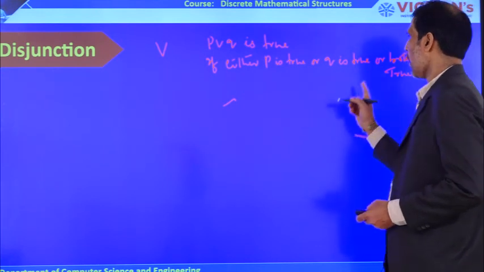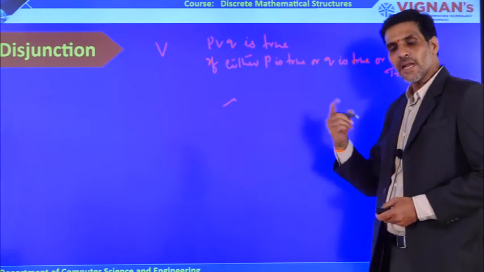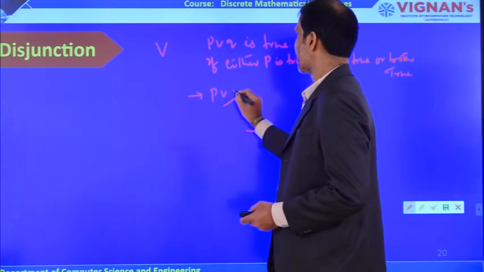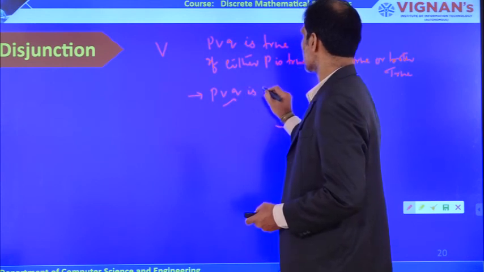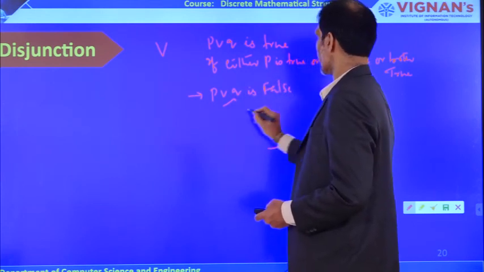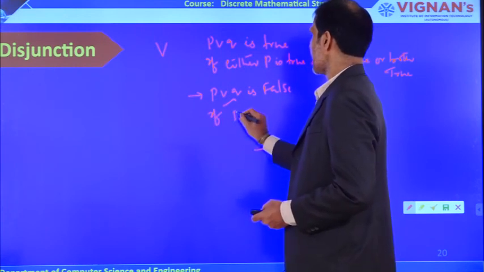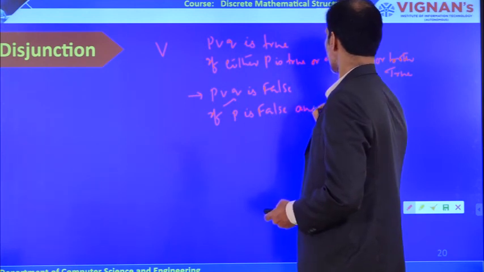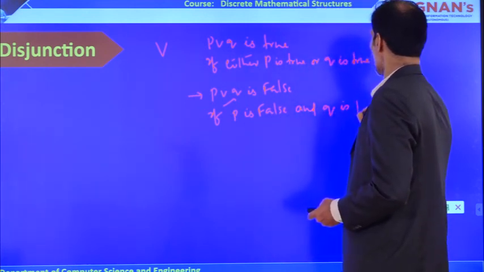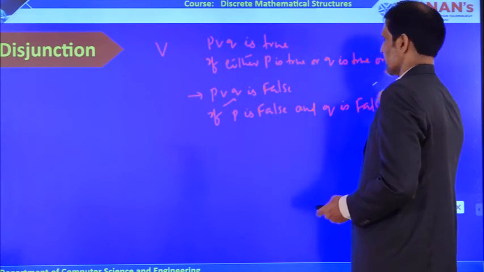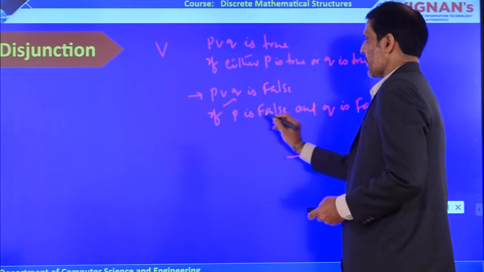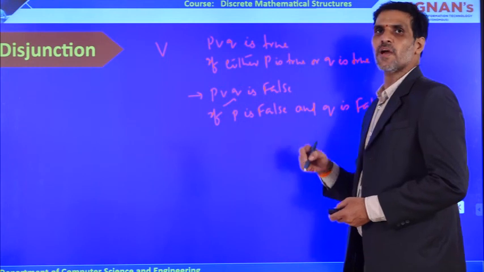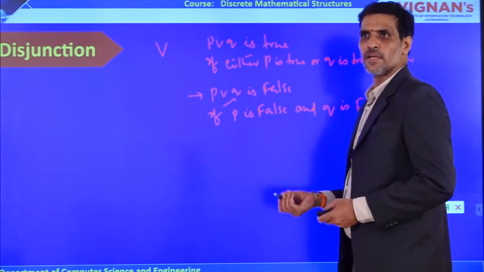Another way to define it: P or Q is false if P is false and Q is false. If both are false, then only it is false. Otherwise, in all other cases, it is true.